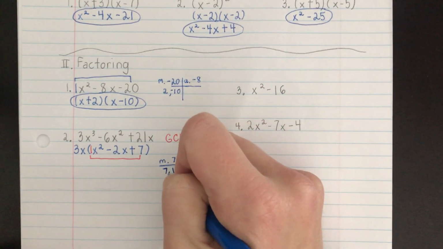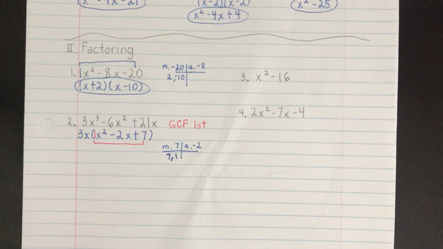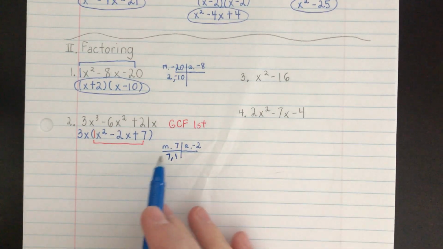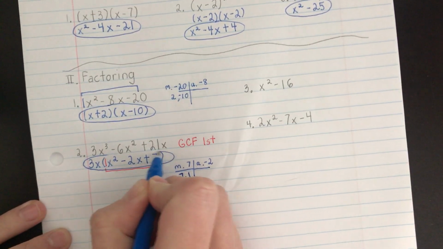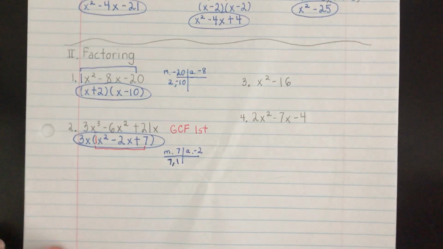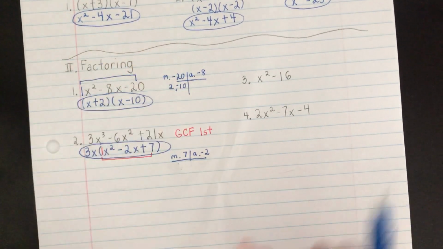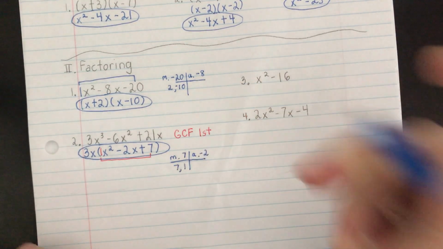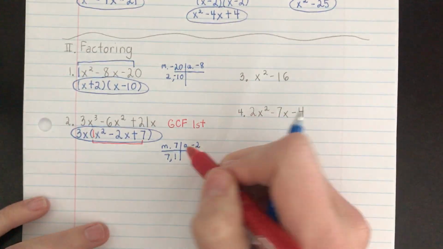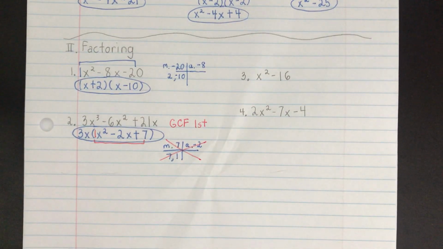The answer there is no. There's no way that that's going to happen. So since that's not going to happen, this is your final answer. You can't go any further. Sorry, I'm being a little OCD today, but I want it to look right for you all. So that's a 7 and that's a 1. This doesn't work, so it doesn't go any further than that.